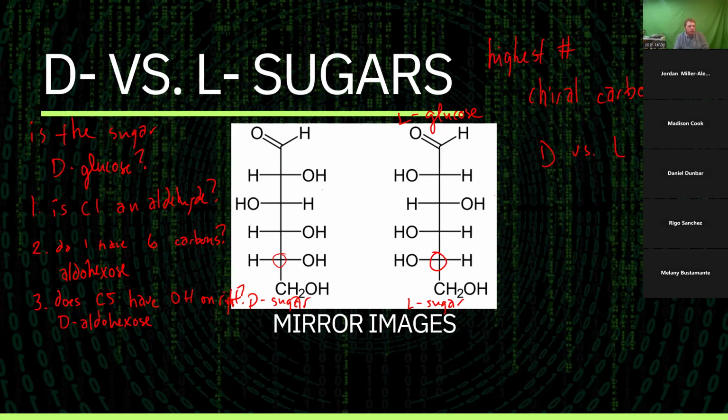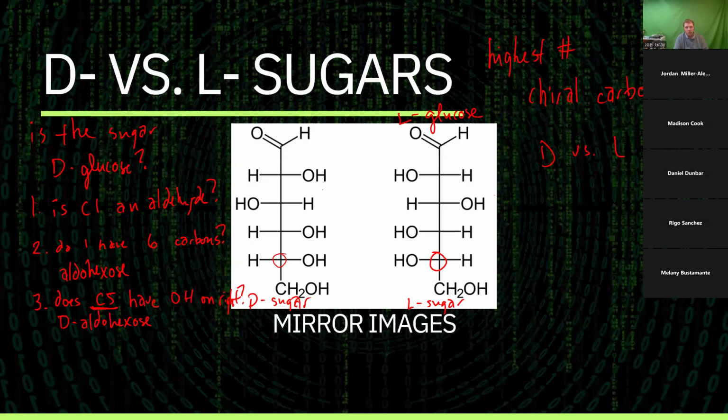Okay. So the question is, does C5 have an OH on the right or left-hand side? I'm looking specifically at C5 because whenever I look at this structure, I want to look at my highest numbered chiral carbon. So another way of looking at this is: question number one, is C1 an aldehyde? And then the next question is, what's my highest numbered chiral carbon?